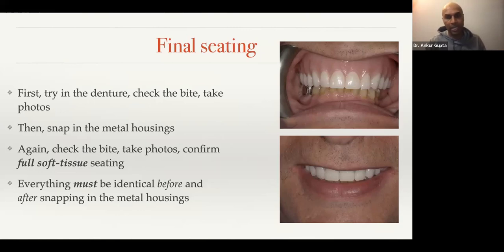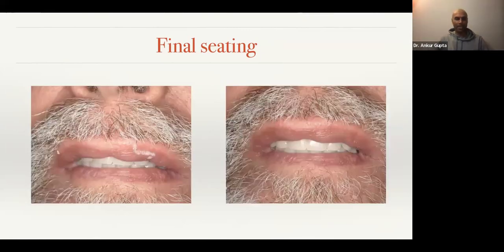If you notice here, this is a different guy. I told him to lick his lips and relax after I tried in his upper and lower permanent dentures before I snapped in the metal housings. And this is how he looked. Then I snapped in my metal housings and I told him to lick his lips and relax. And then this is how he looked on the picture on the right.